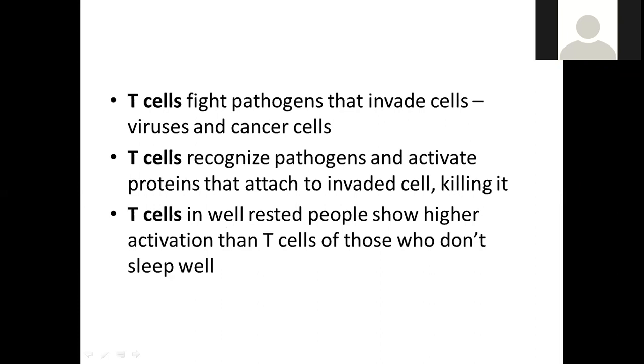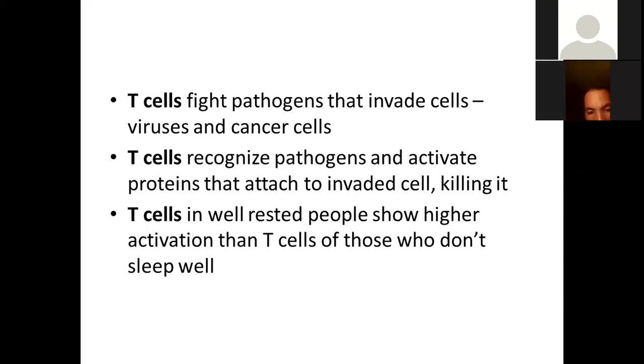And when they recognize them, they activate proteins that then attach to those invaded cells and kill those cells. The process of killing the cells, or the cell dying, is supposed to happen so that it gets rid of that process of an invaded cell.